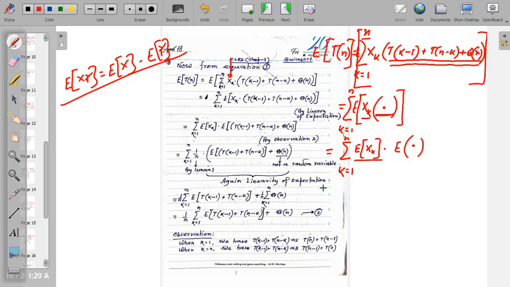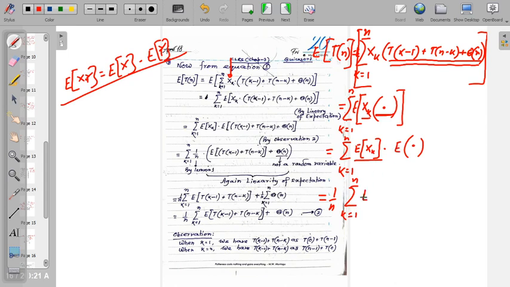So it will be 1 by n, and this 1 by n is not dependent on k. So I am taking 1 by n outside, right? 1 by n, and inside, sum over k equals 1 to n.